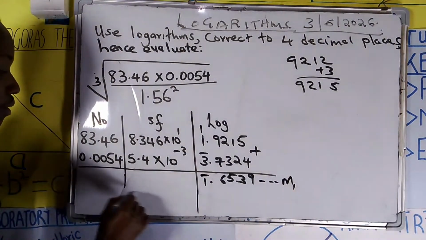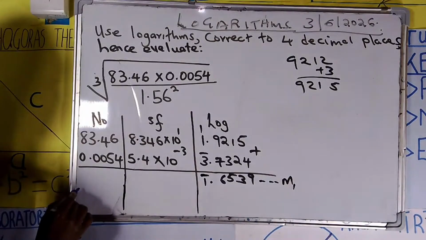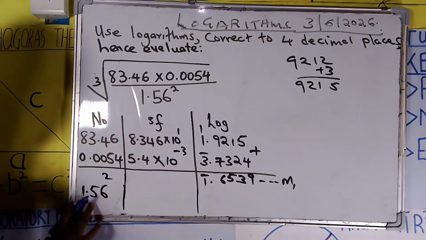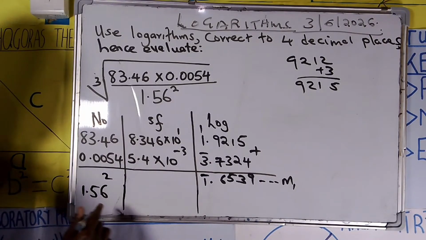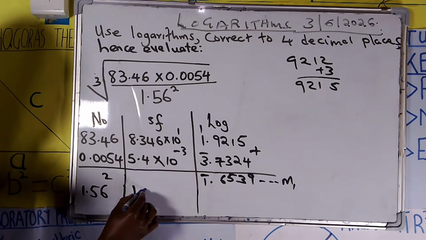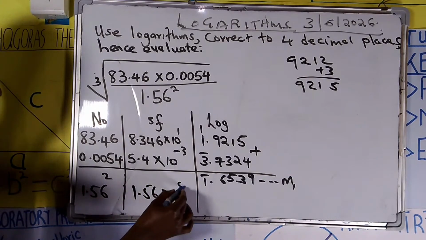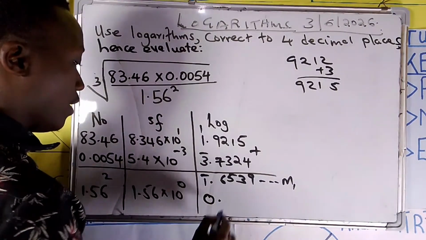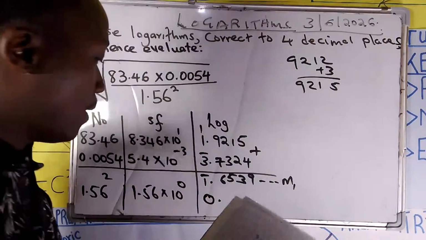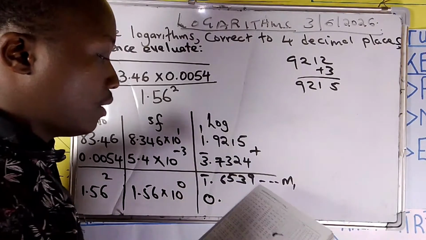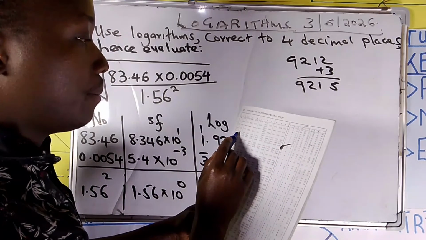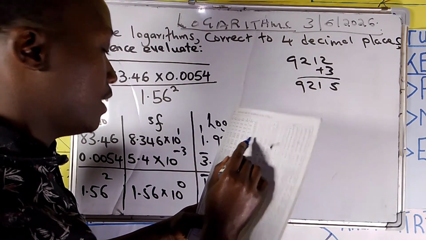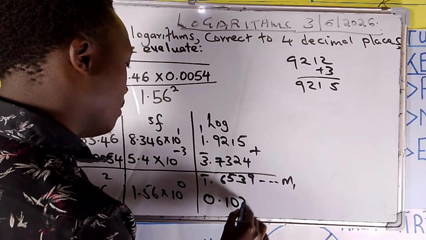We now get to the denominator. Our denominator is 1.56 squared. In standard form, it is 1.56 times 10 to power 0, and the logarithm of the power is 0. We get back to our logarithm to base 10 and check 1.56. It is 0.1031.